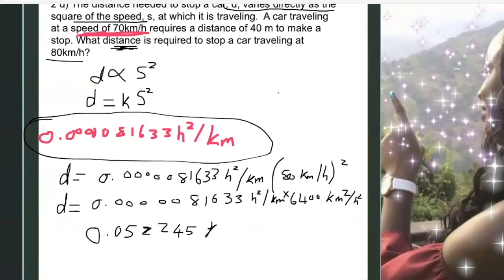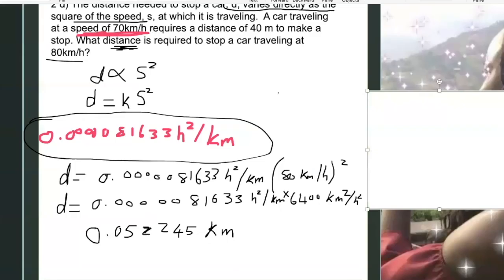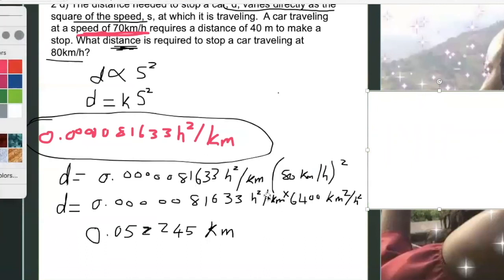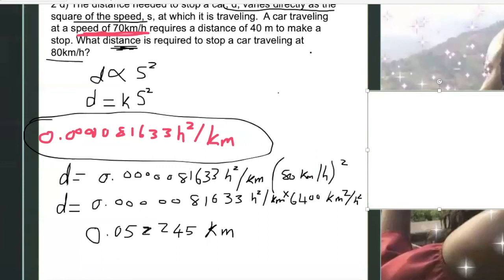Now this is in kilometers. How is it that I know that it's kilometers? Let's look at that part. So here we have the following units. We have the first part being hours squared per kilometer. That's all we have. Multiply by kilometers squared per hours squared.